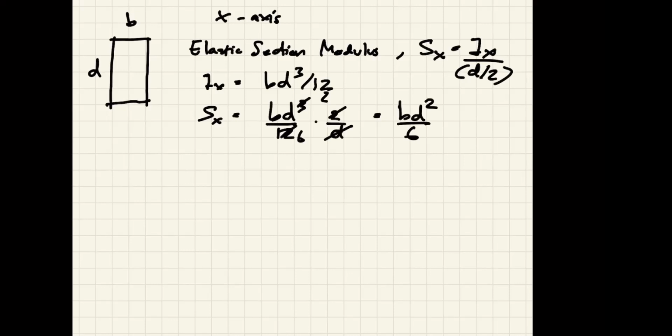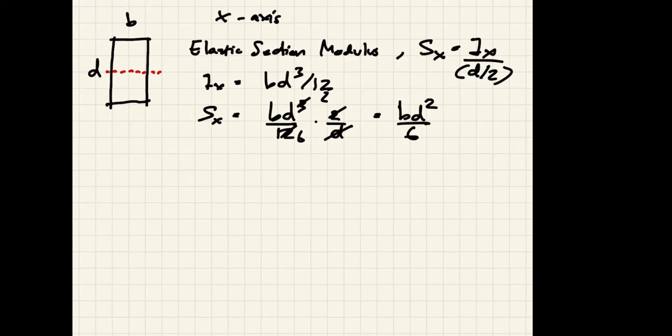Okay. And likewise, you know that this is a symmetric section, right? So you know this is where your elastic section modulus is, and incidentally, your plastic section modulus as well. When you are going to calculate your plastic section modulus, remember it is the moment of the area under compression and tension about the plastic neutral axis.